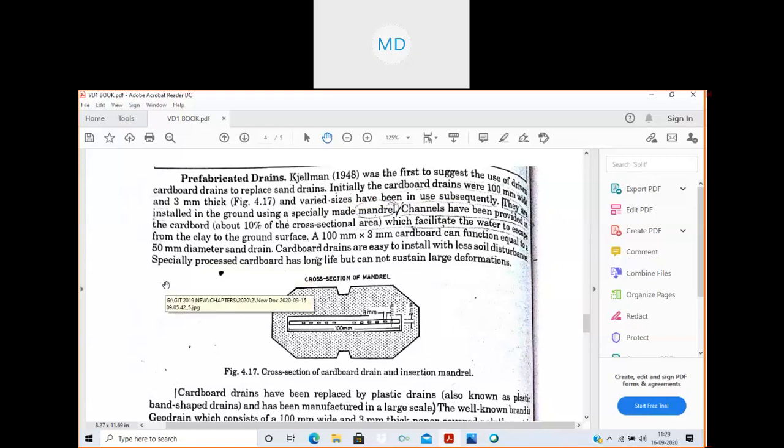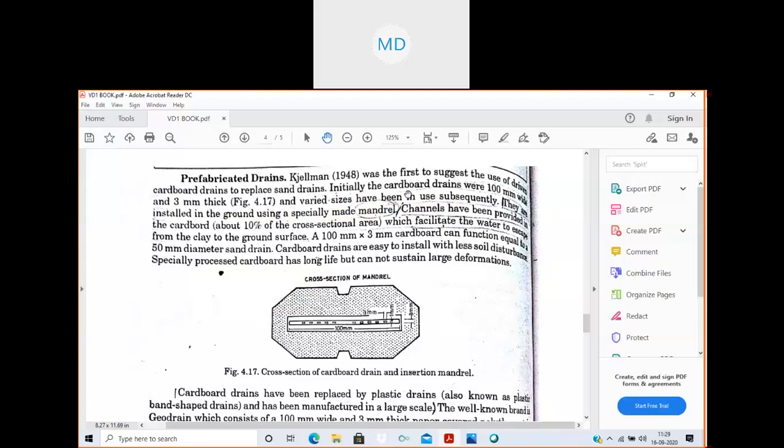The cardboard drains are inserted into the ground with the help of a mandrel. Pores, smaller than holes, were made in the cardboard drains, and it was inserted inside the ground, and then the pore water is allowed to squeeze out from the soil. So Kjellman was the first to suggest the use of driven cardboard drains to replace sand drains.